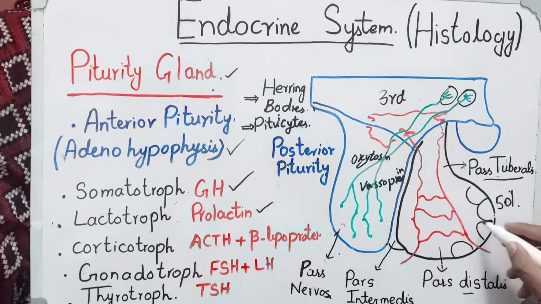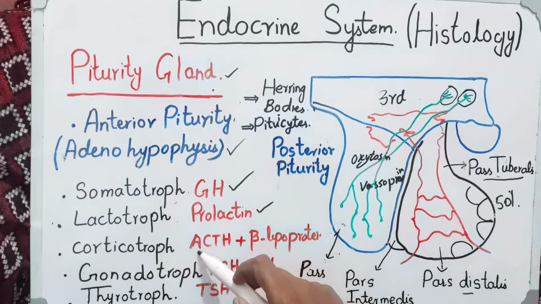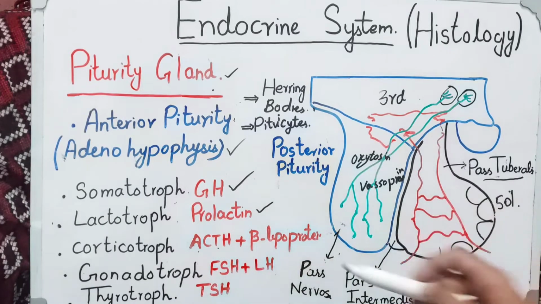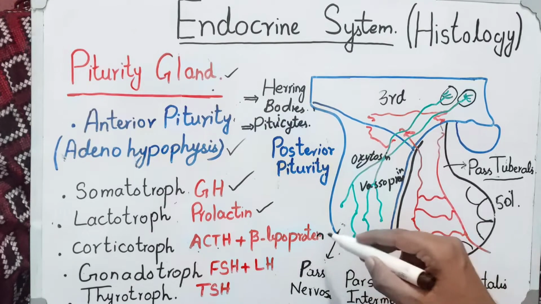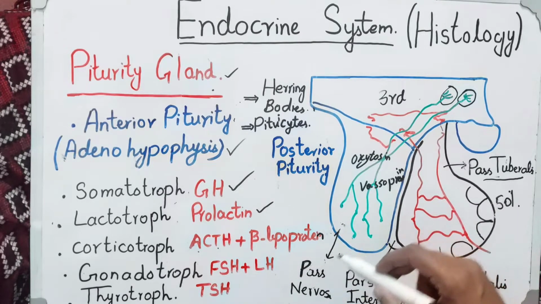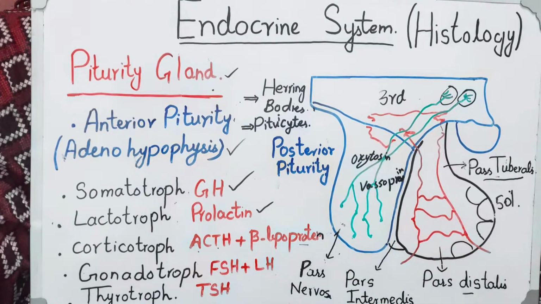The name represents corticotrophic hormone. These release adrenocorticotrophic hormone and beta lipoprotein. The name beta lipoprotein is important. Some people never understand what this beta lipoprotein is. Mainly it is involved in fat storage in the adipose tissue and mobilization of the fat in adipose tissue.